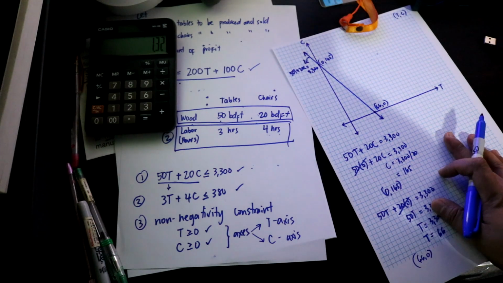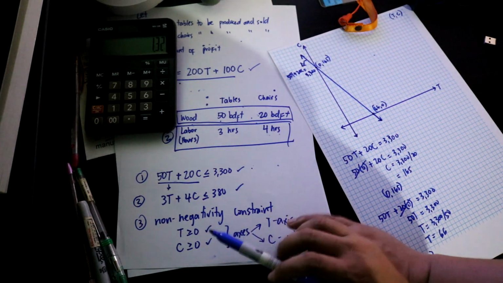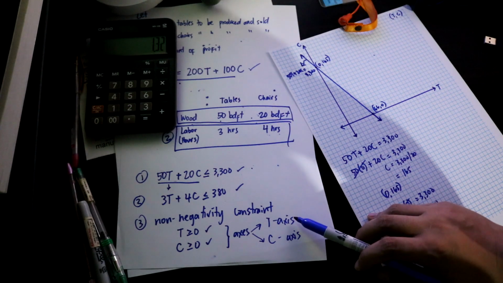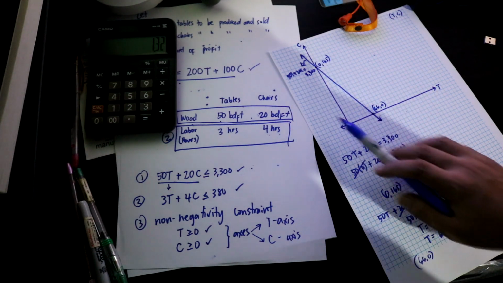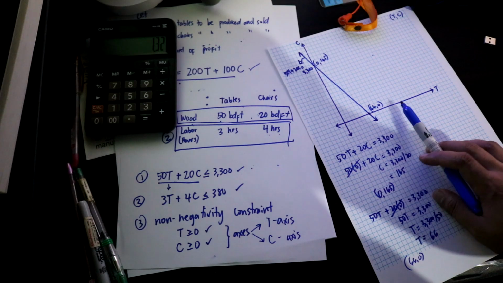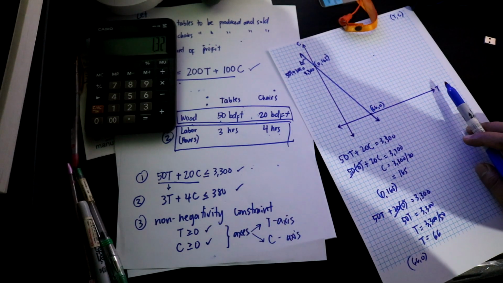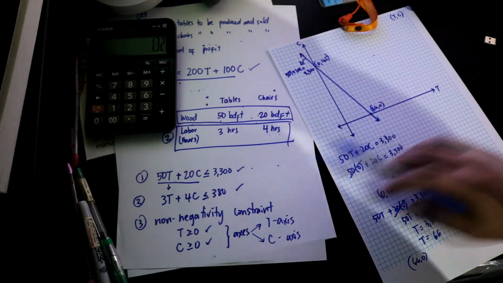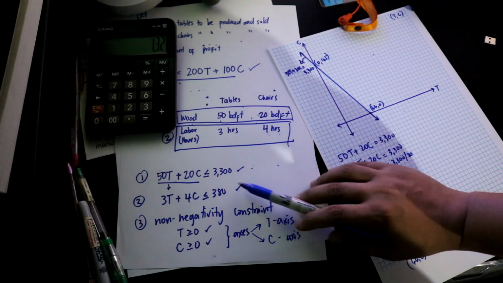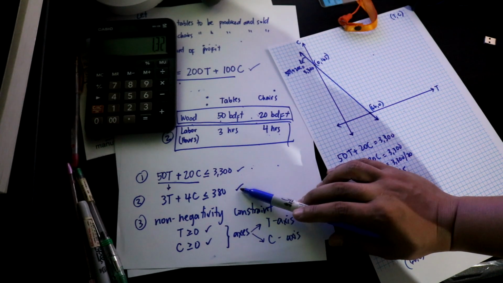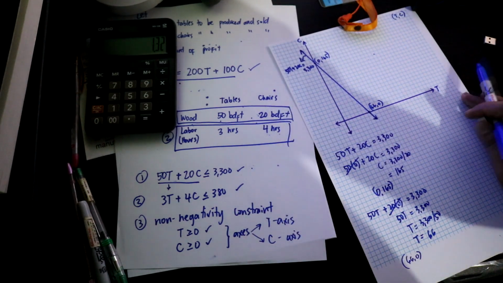By the way, guys, the non-negativity constraints, like I said a while ago, these are now our axes. This one and this one. So we have already plotted our non-negativity constraints, 1 and 2, and of course, the first constraint. So that leaves us with just this. After we have plotted this, then we're done with our graph.